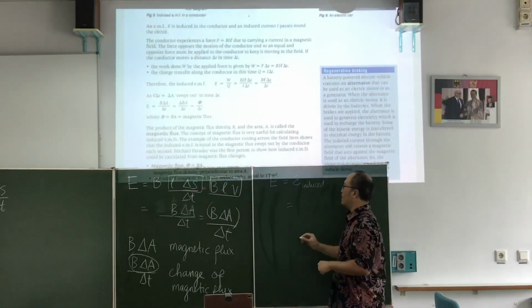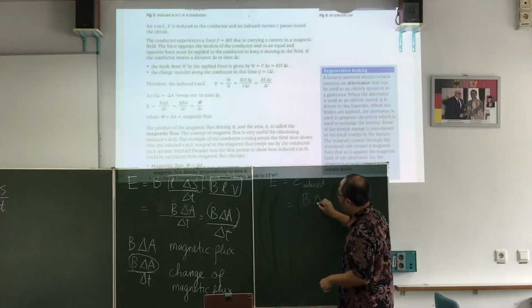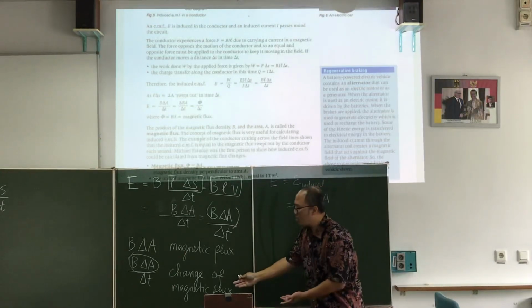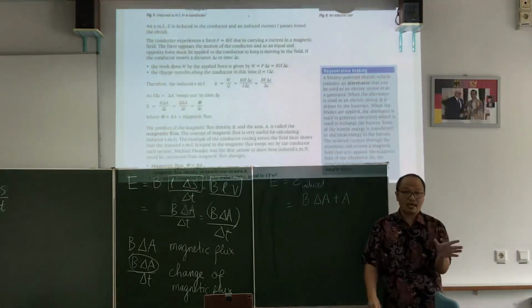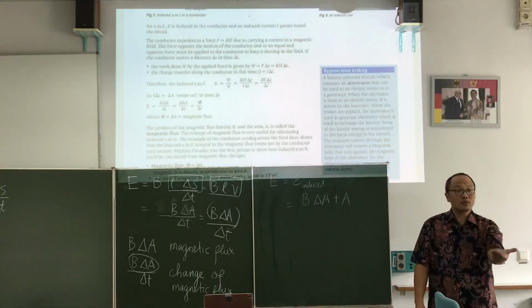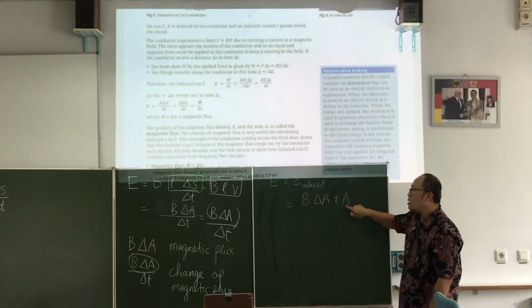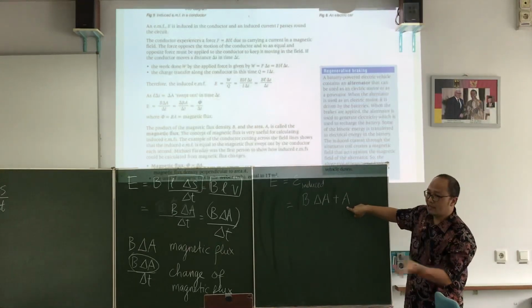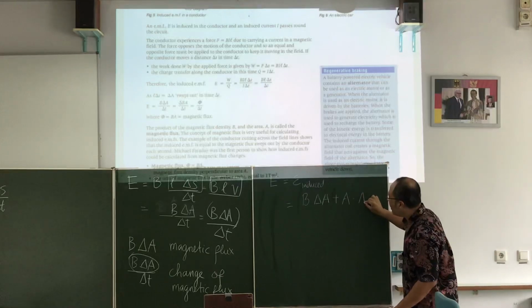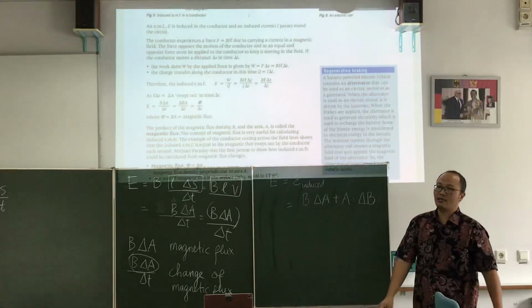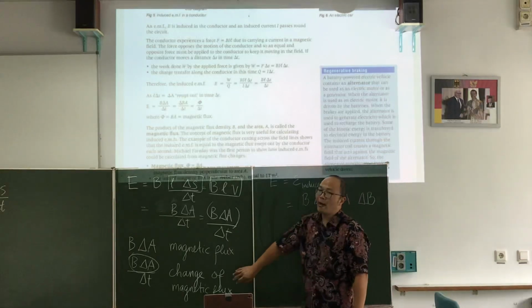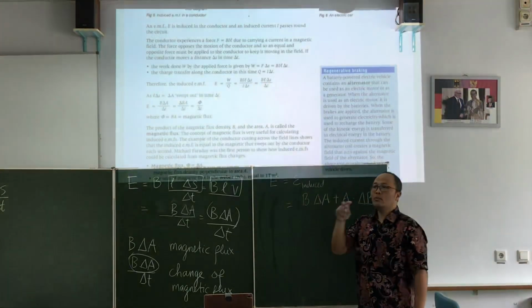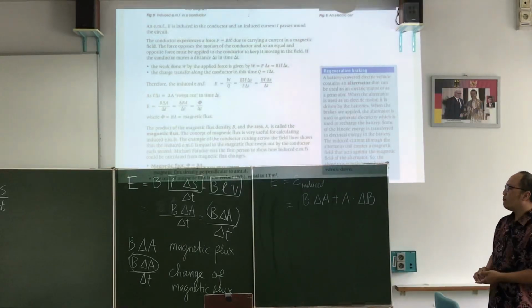It can also be that the area stays the same, but I change the magnetic flux density. So actually there are two main ways to change magnetic flux. I will explain through examples what it means.